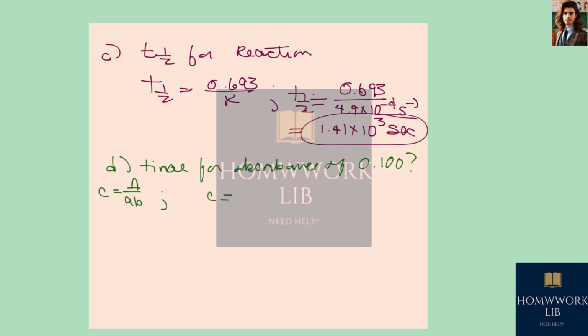So C is going to equal 0.100 over 5.60 times 10 to the third, that'll equal 1.78 times 10 to the minus fifth molar is our concentration.